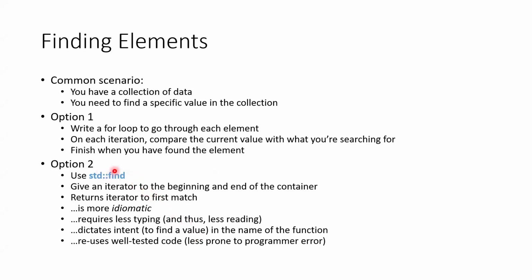The find dictates the intent in its name. And we reuse the well-tested code from the library so that you don't have to worry about needing to debug inside the for loop that you just wrote.